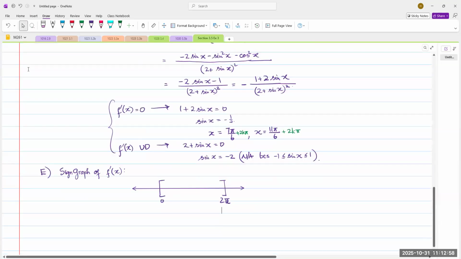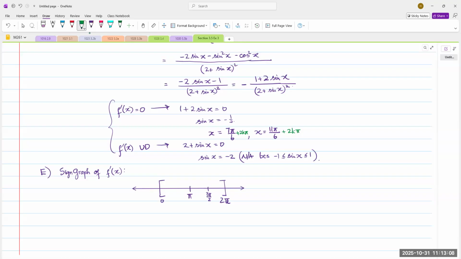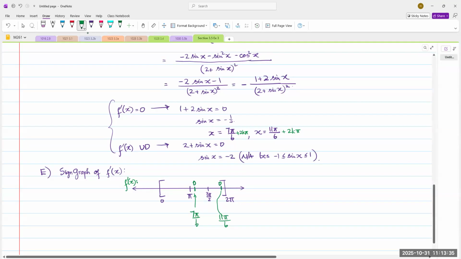And then, I'm sorry, this is pi, this is 3 pi over 2, 7 pi over 6 is here approximately. And according to what we see, that will make f prime x equal to 0. And 11 pi over 6, that will also make it 0.